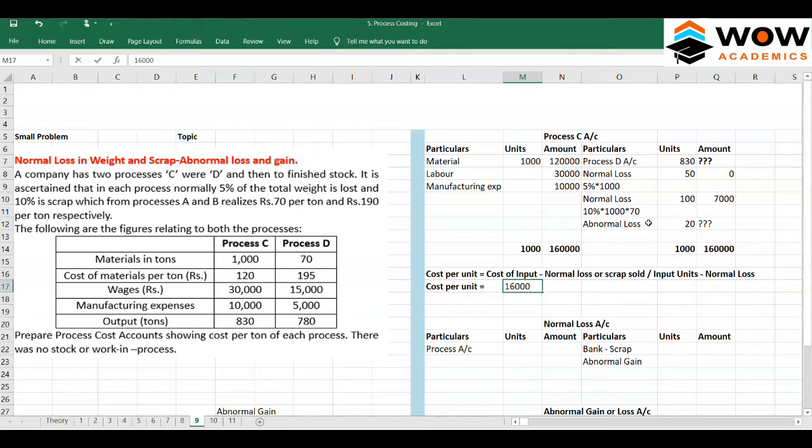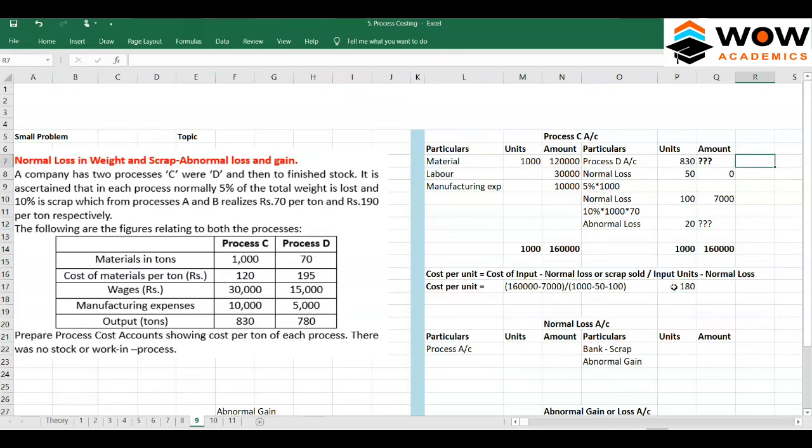1,60,000 minus the scrap value of 7,000. Total input is 1000, and from there we have to deduct the normal loss. So 50 has evaporated and 100 is the normal loss which we could sell. However it is, we will find out the value per unit. It comes to 180.